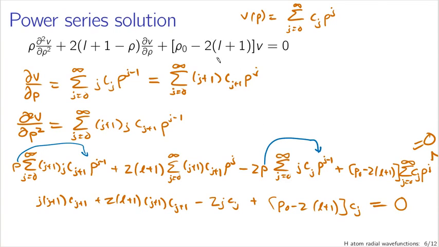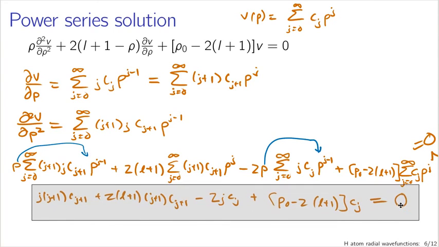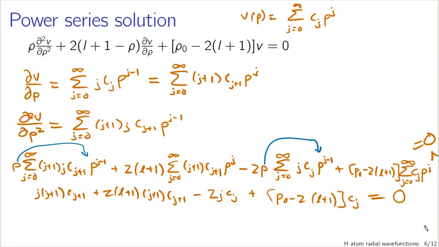This expression is actually something that we can work with reasonably easily. I'm going to move it up to get myself a little more space to work with on the bottom here. Apologies for making the slide look cramped. But we have a c sub j plus 1 there and a c sub j plus 1 there. We have a c sub j there and a c sub j there.